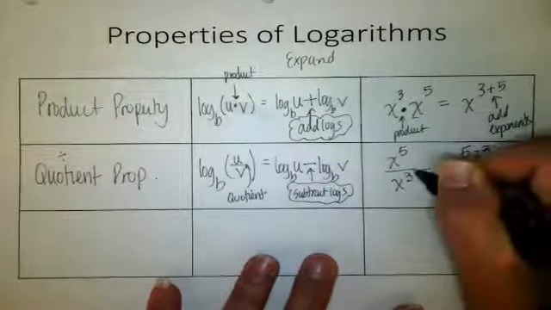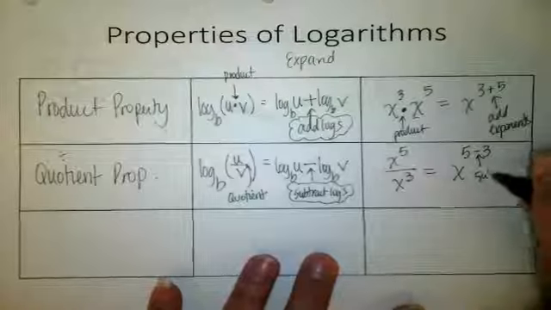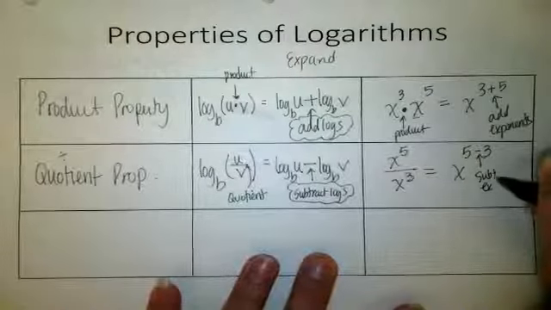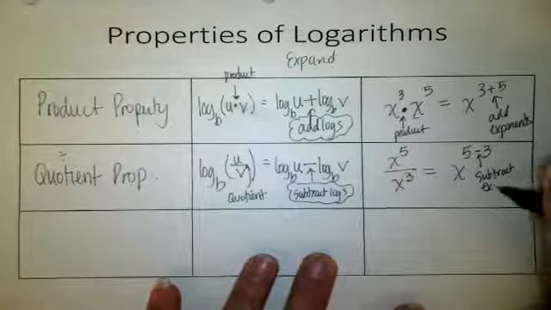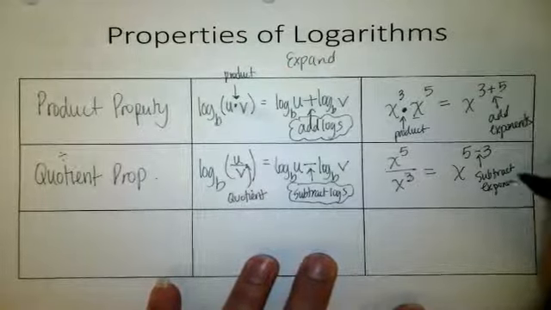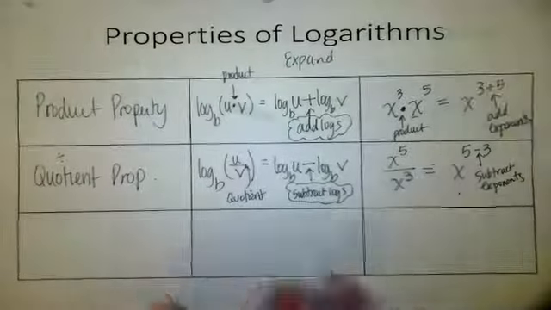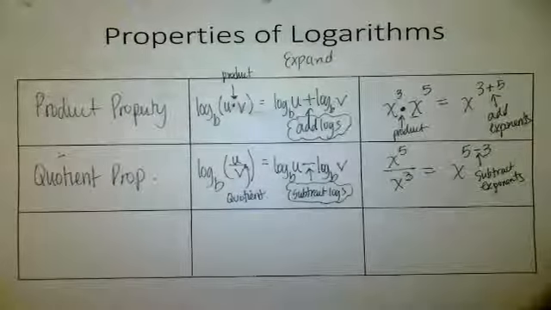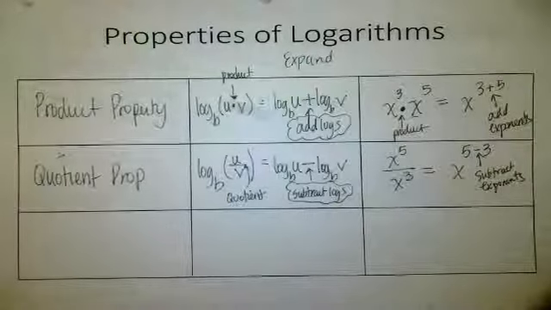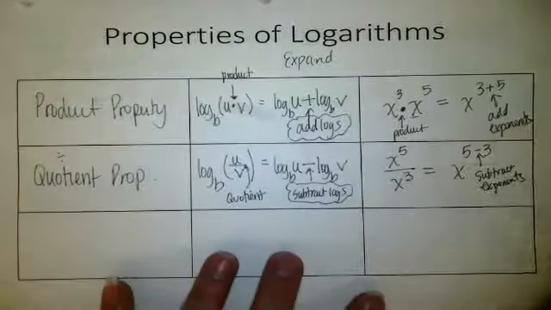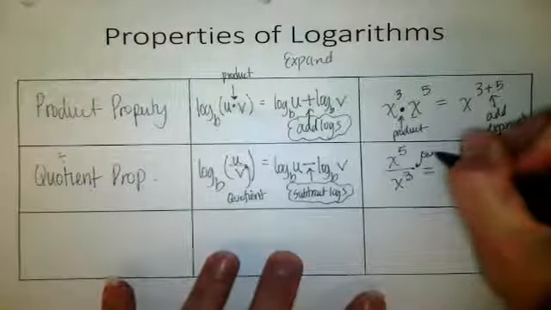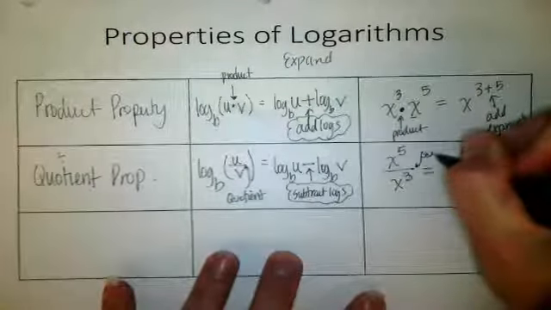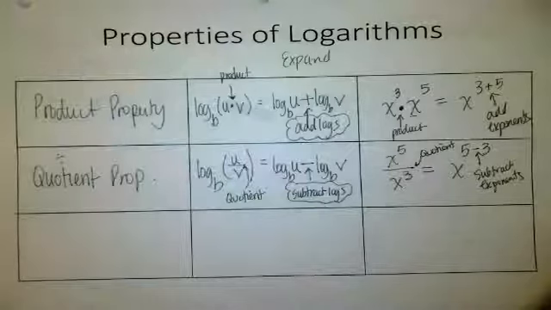So again, we had a quotient, and we get to subtract the exponents. All right, so again, very, very similar sorts of properties between exponents and logarithms. Here we have a quotient, we get to subtract the exponents. Here we have a quotient, we get to subtract the logs.